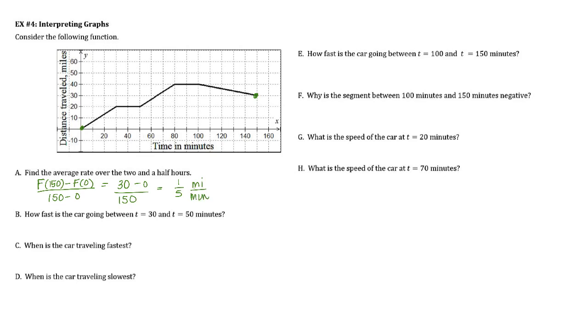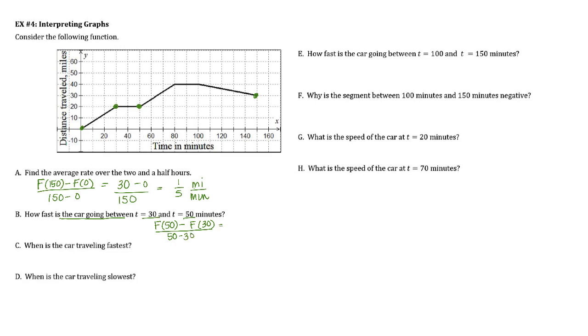All right. So how fast is the car going between 30 and 50 minutes? Well, let's see. That's going to be an average rate of change, isn't it? The average speed between 30 and 50 minutes. So we're going to have f at 50 minus f at 30 over 50 minus 30.